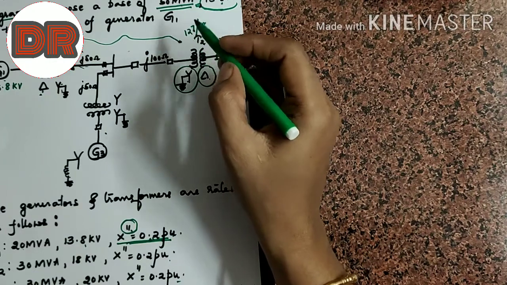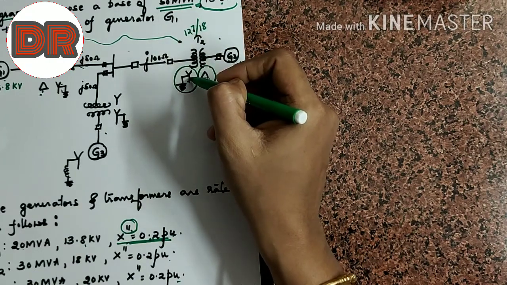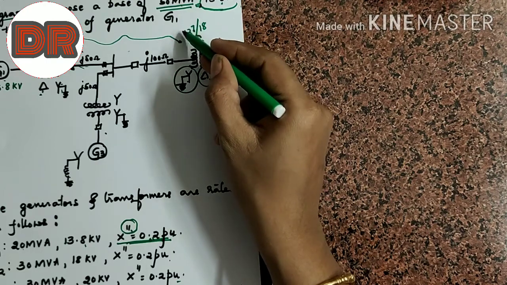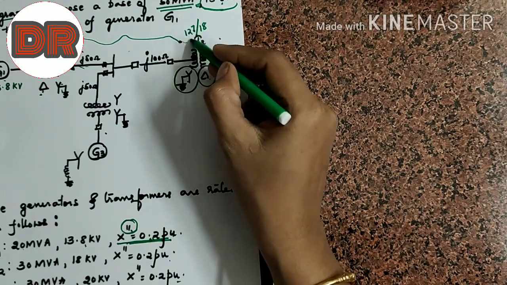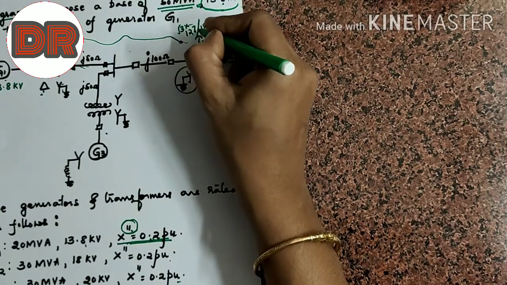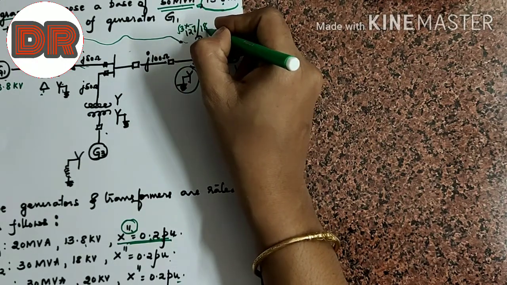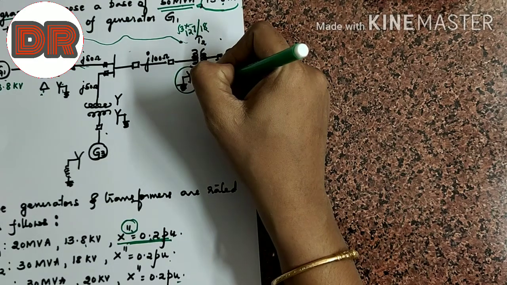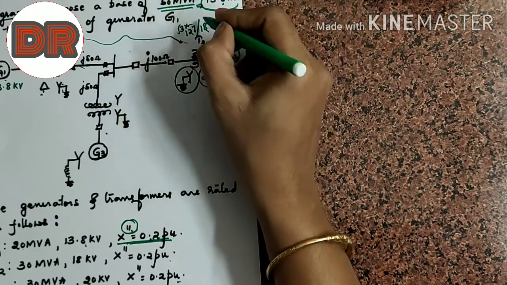If it is a star connected system, the 3-phase voltage rating on that side will be √3 times this voltage. On the other side it is 18, but it is delta connected, so you need not convert it, it will be 18 kV only.